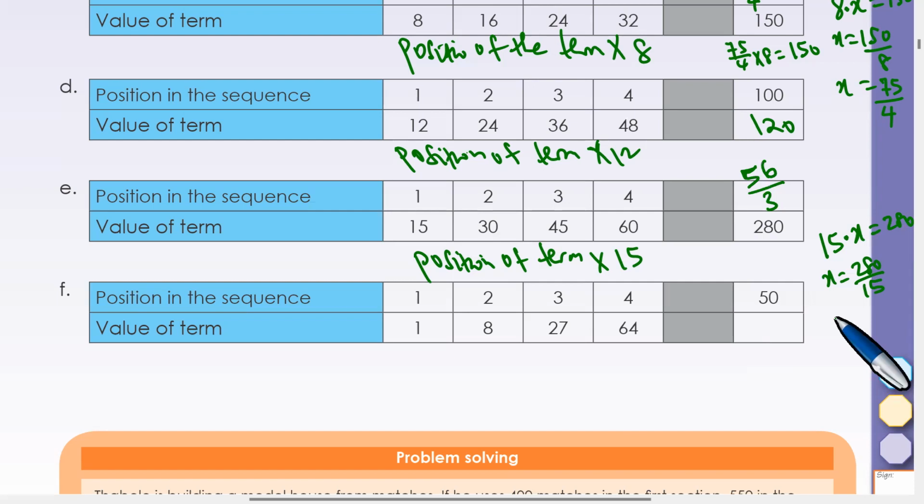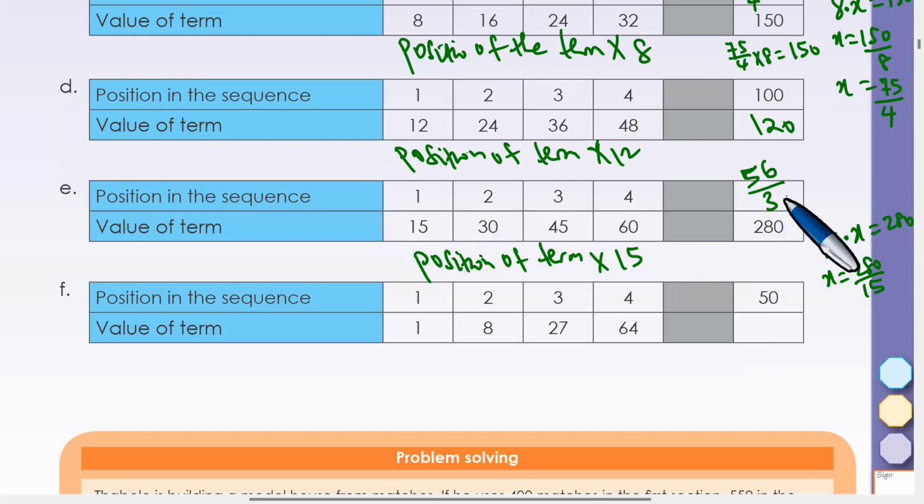You get the point? So if you divide 15 by 5, you get 3. You divide 280 by 5, you get 56. So that's the answer. It must be 56 over 3.